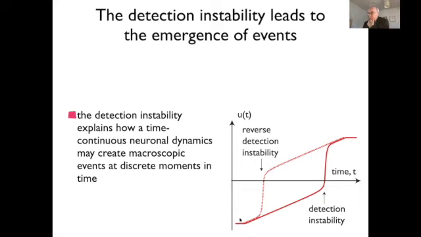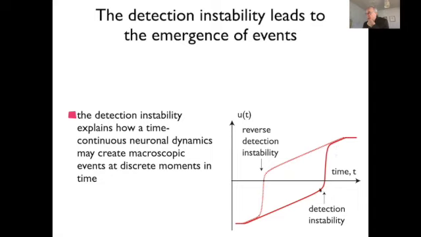I pointed out that if you had a continuously time-varying input, in this case an input ramp that ramps up linearly with time, then at the detection instability the activation starts to deviate from a linear function and switches to the on state in a somewhat abrupt fashion.